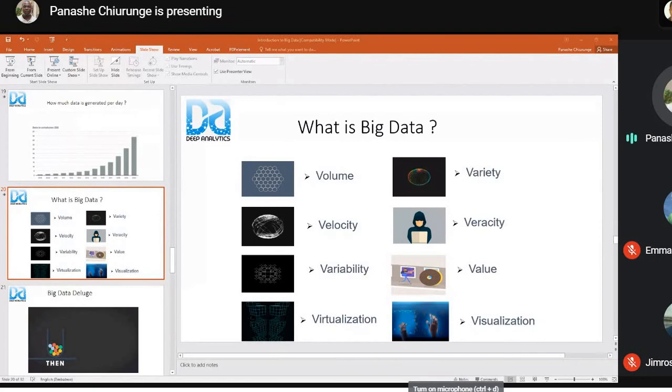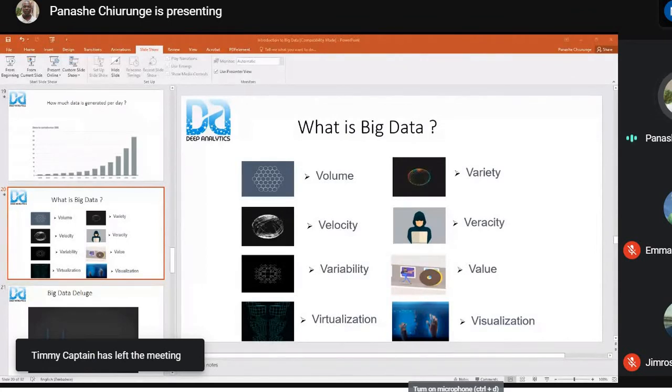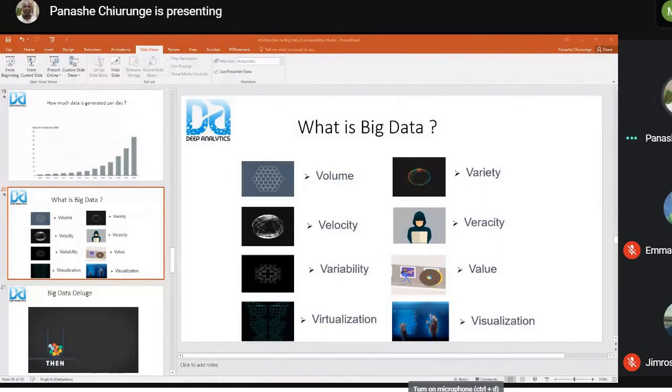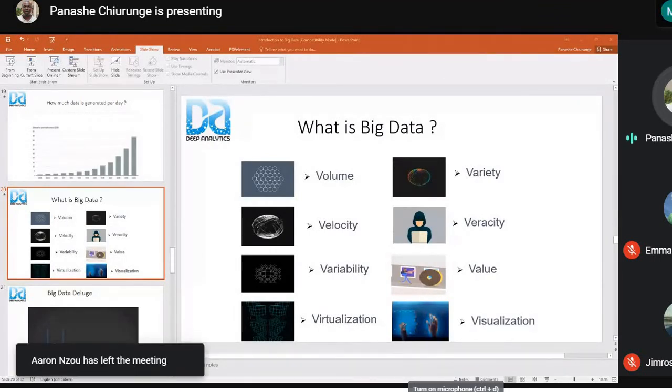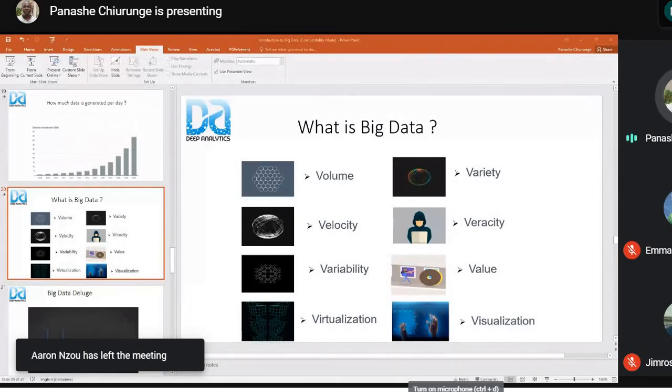So visualization has got to do with the summarization of data in pictorial form, because you're dealing with such a vast amount of data, which is being generated at a fast velocity, and there are different varieties of that data. So it only makes sense that you don't want to suffer from analysis paralysis.